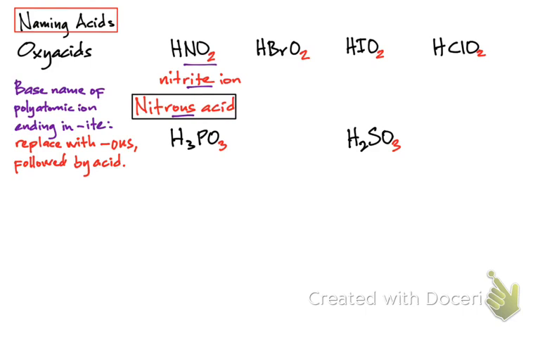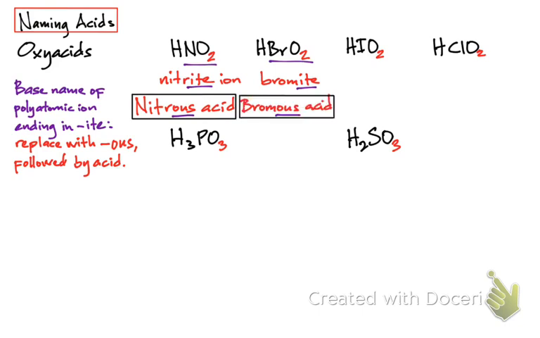Okay, if you'd like to try the rest here, you can pause the video. All right, so for the second one, we have HBrO2, which is the bromite ion. BrO2 is the bromite ion. And so to name the acid, it would be bromous acid. Okay.